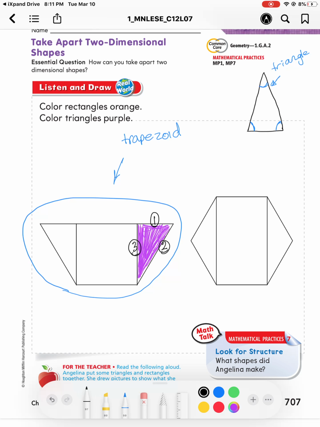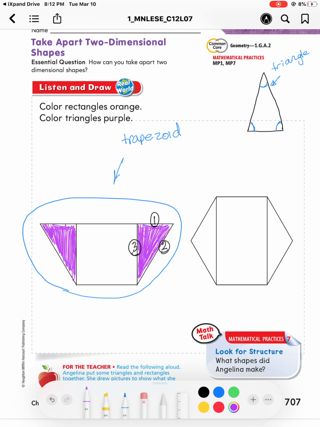So it's a triangle. Excellent. Where is the other triangle in the trapezoid? Excellent. Yes, this is the other triangle, because it also has three sides or three vertices or corners.